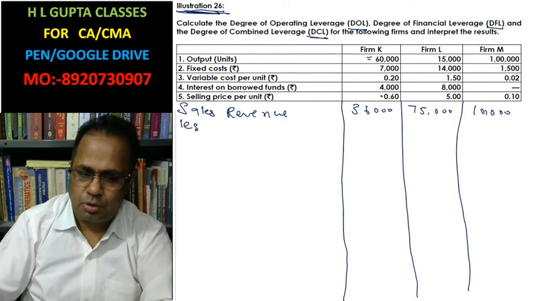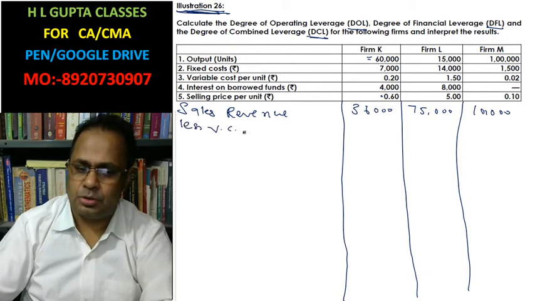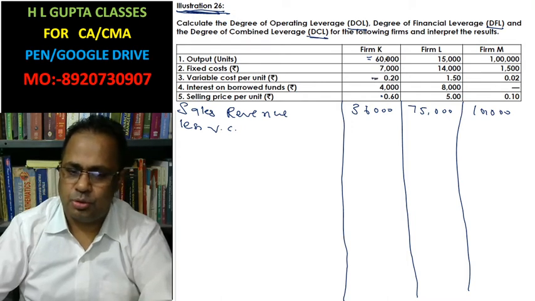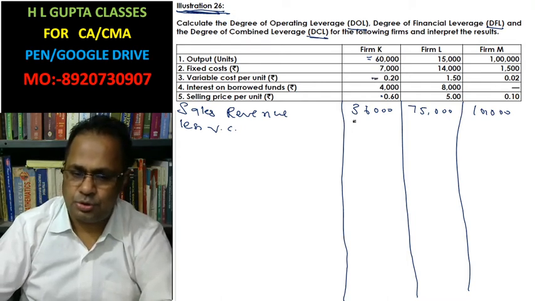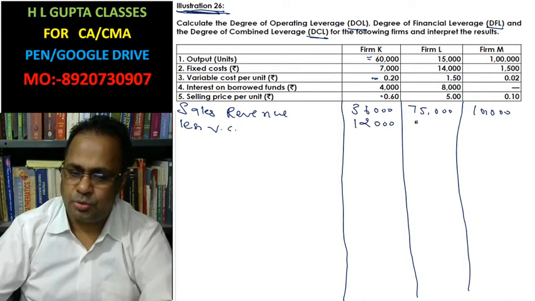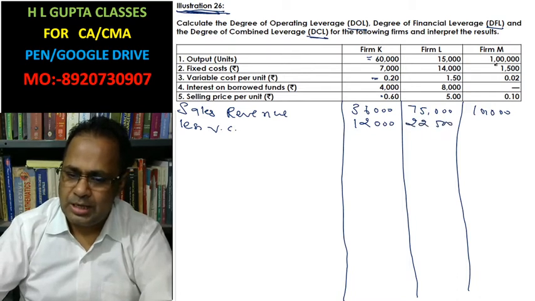Less variable cost. Variable cost per unit is given as 0.20. So 60,000 at 0.20 is 12,000. And 15,000 at 1.5 is 22,500. 1 lakh at 0.02 is 2,000.